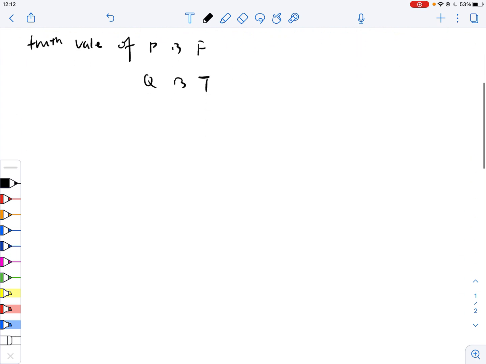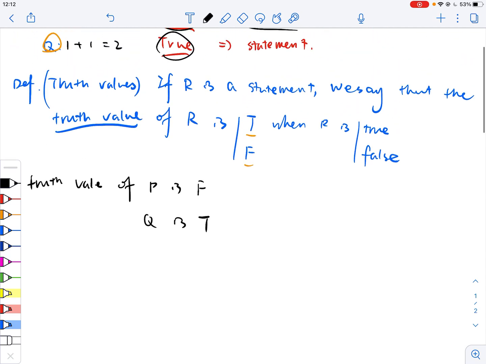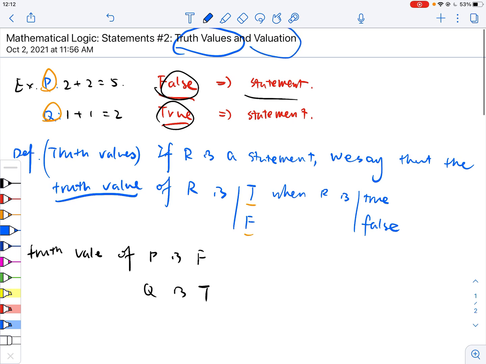Now, if we want to say that P is true or false, we still need to say the truth value of P is T or F. But it is still kind of inconvenient to write in this way. So now we introduce a new concept called valuation.